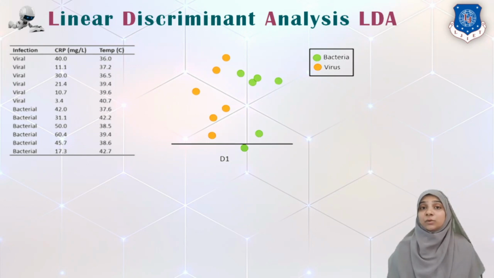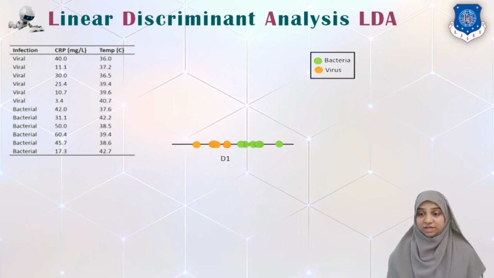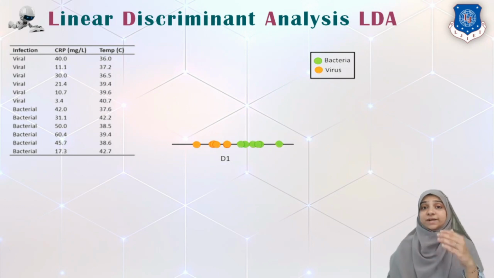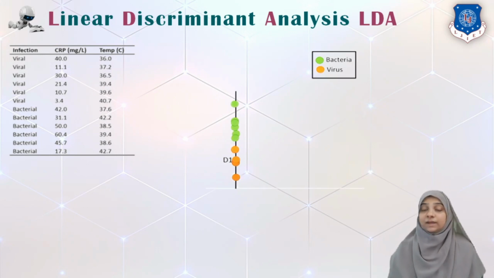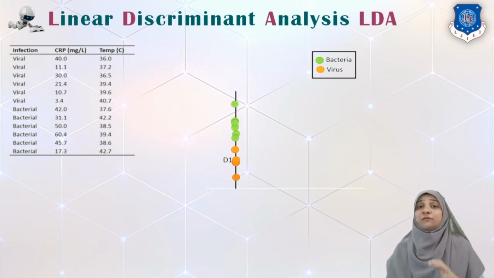Now let us look at the next step. Here we are not going to use two different dimensions. We will remove one dimension and project all data points onto one axis, the x-axis, which is dimension 1, D1. Now I will again rotate this dimension so I can view all data points vertically.